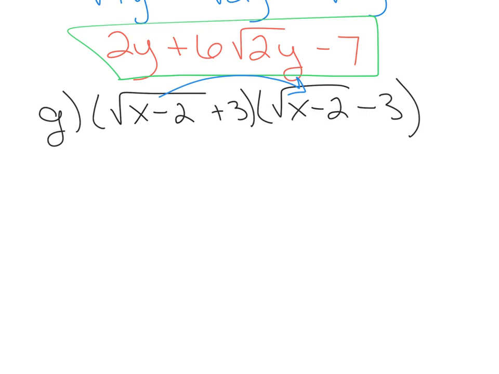The simple way to do that is just to keep the radical and say we're going to multiply x minus 2 times x minus 2, or x minus 2 squared. Because then it will simplify really easily to just make x minus 2, because if you remember, this square and this radical, since it has the same index, they cancel each other. So this just turns into an x minus 2.